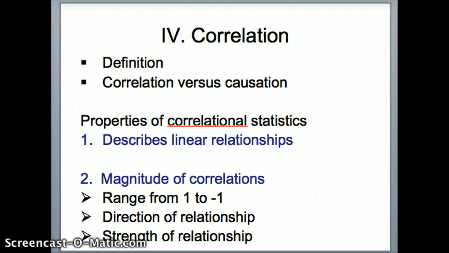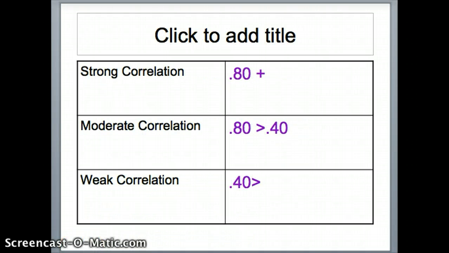The other piece of information that a correlation statistic can give you is the strength of a relationship. By looking at the actual number of the correlation statistic, you can determine whether it's a strong, moderate, or weak correlation. You would do that by looking at how close it is to 1 on either pole, either negative or positive.